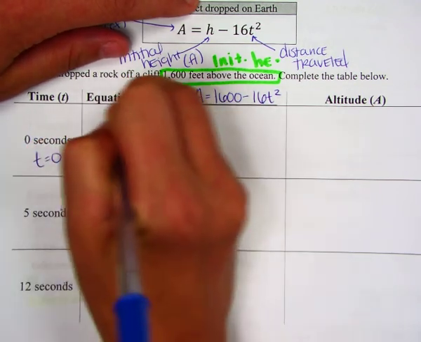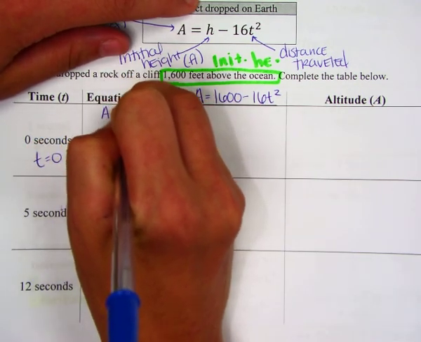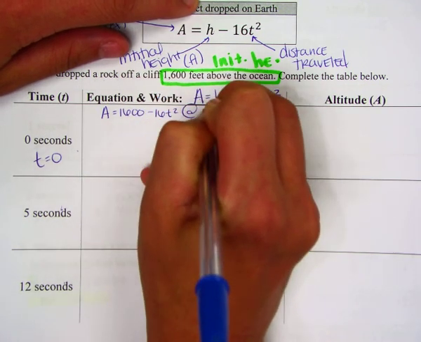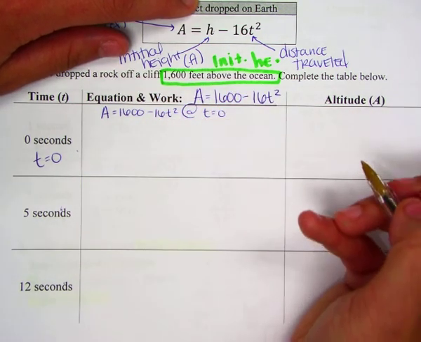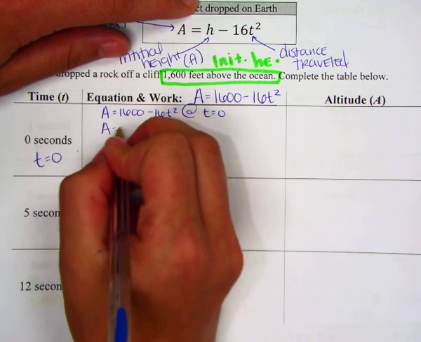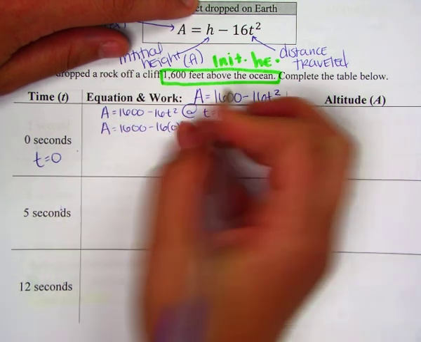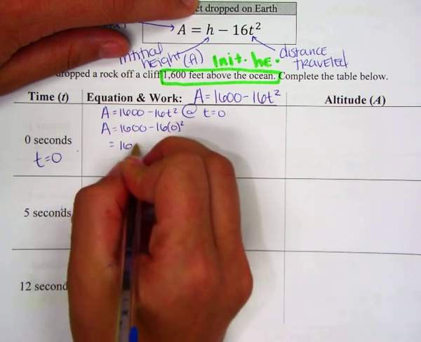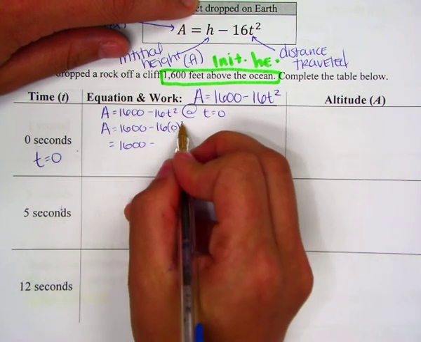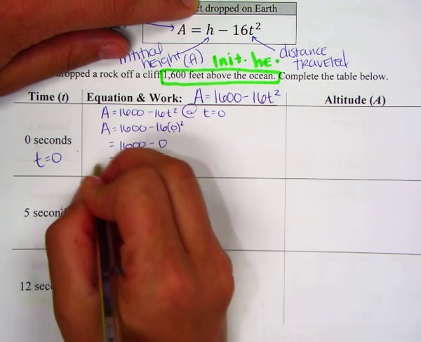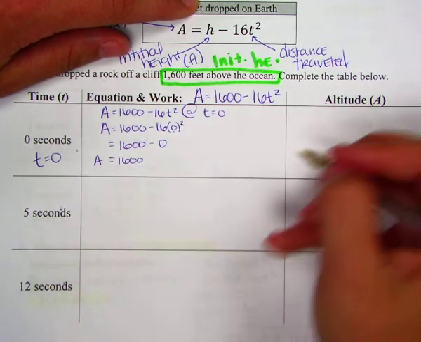T equals 0. So A equals 1,600 minus 16t squared at time of 0. So A equals 1,600 minus 16 times 0 squared. 0 squared is 0. 16 times 0 is 0. So the altitude is 1,600.